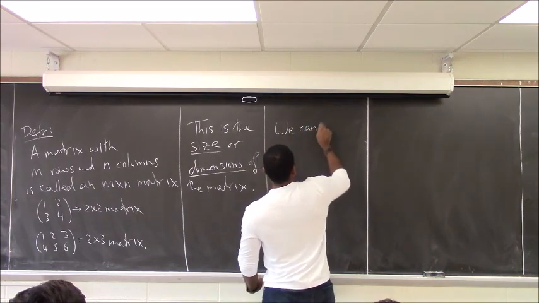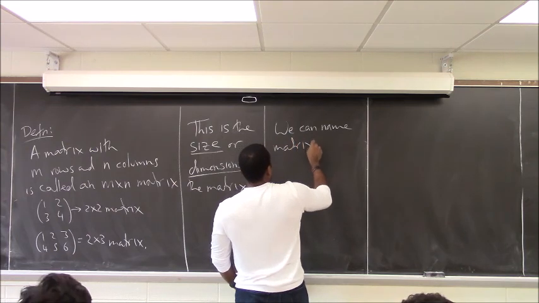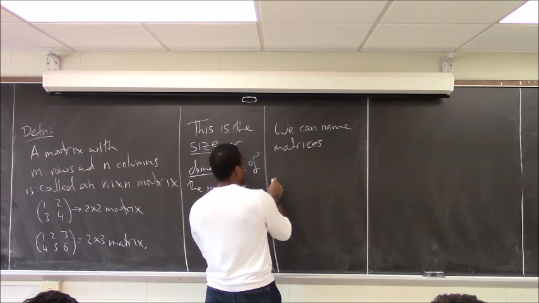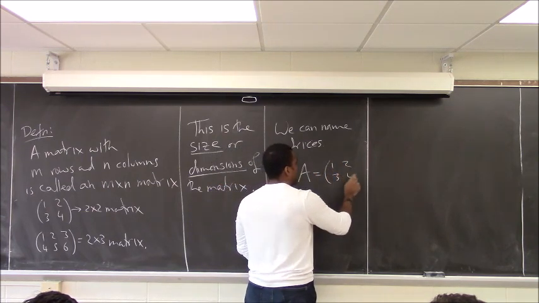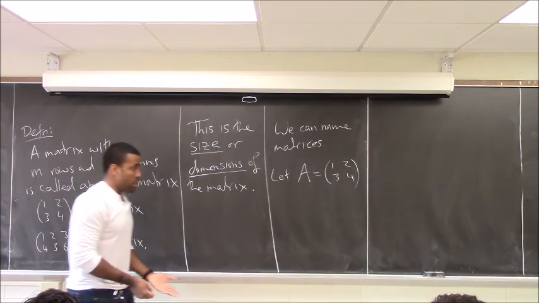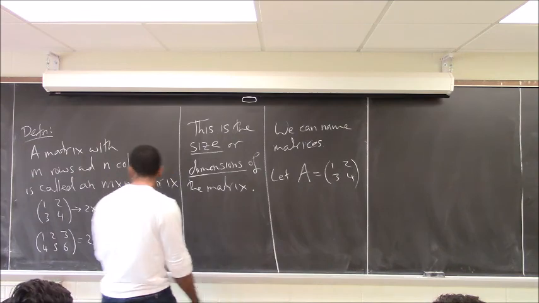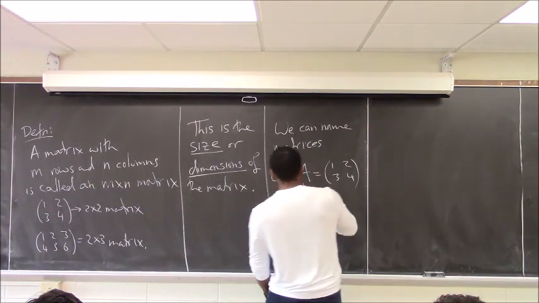We can name matrices. So I could say, let A be the matrix 1, 2, 3, 4, and then from that point on, wherever I use the uppercase letter A, you know, oh, let's talk about the matrix 1, 2, 3, 4. I can refer to it by a name, and it's very common.